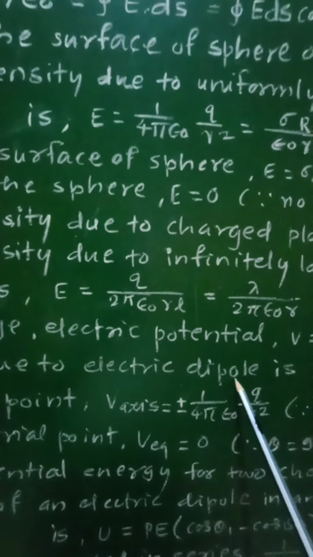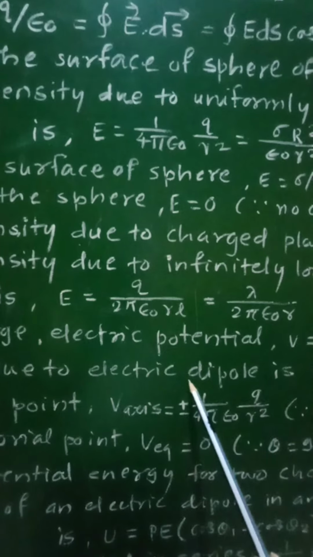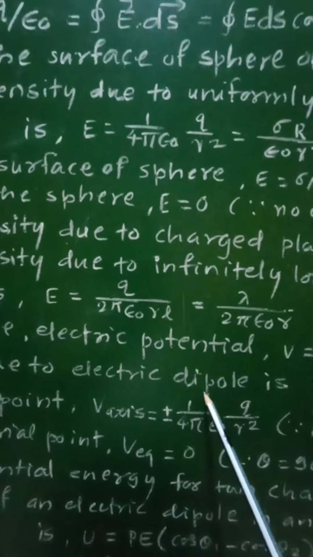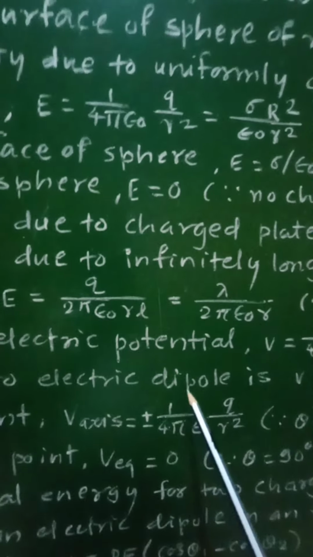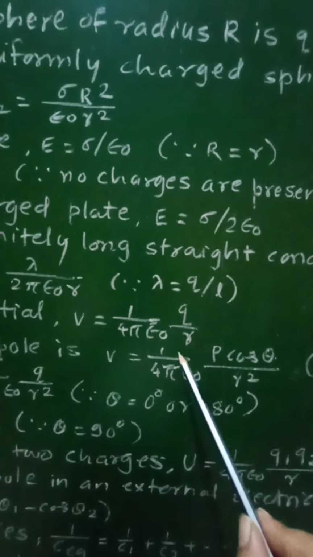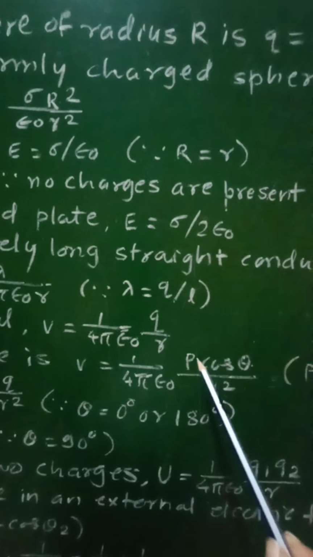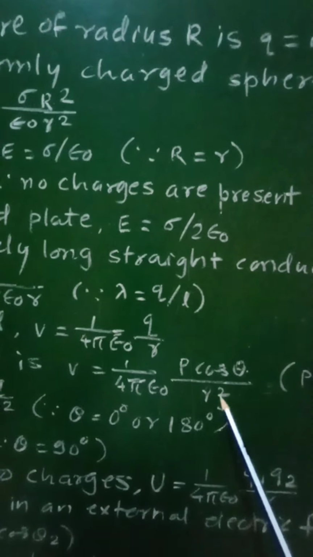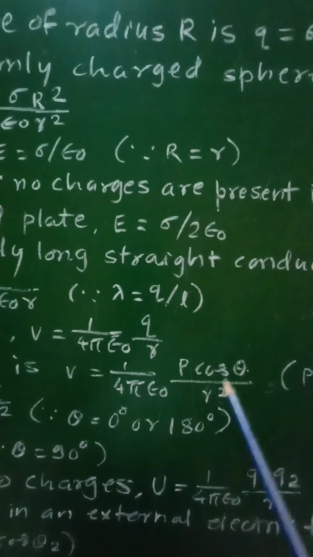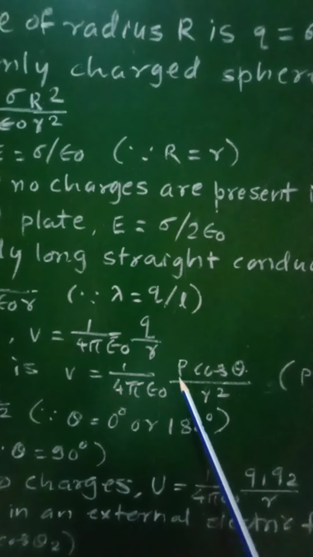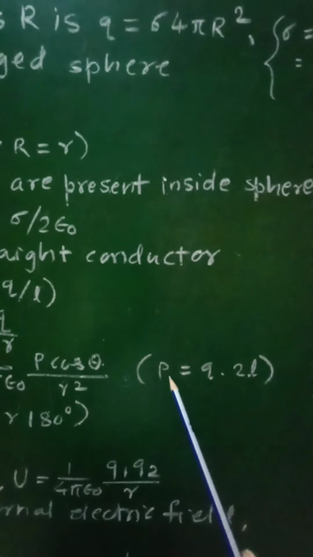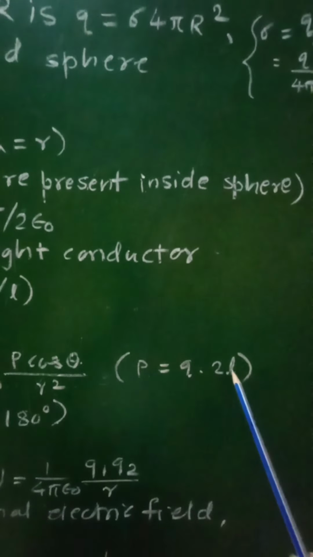Instead of single or isolated charge, if you consider two equal and opposite charges which form the electric dipole, then for that electric dipole, the electric potential phi will be equal to 1 upon 4 pi epsilon 0 p cos theta upon r square, where this p is the electric dipole moment, which is given as p is equal to q into 2l.